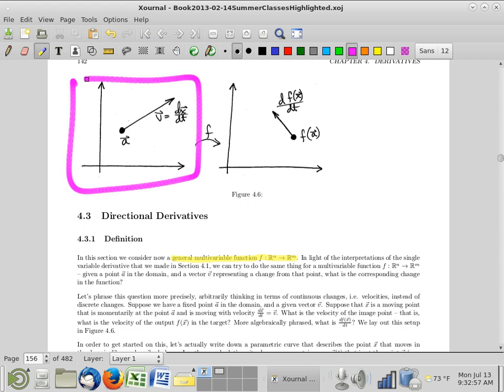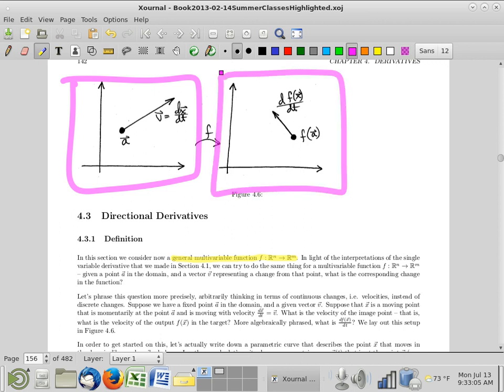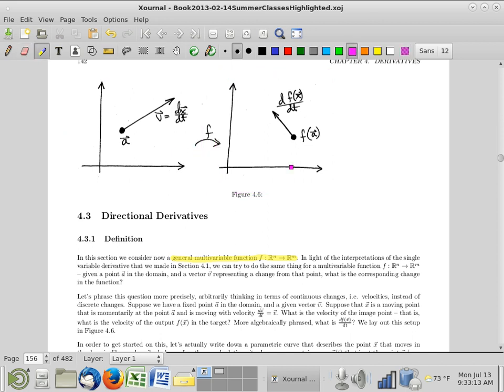You'll notice there is a multivariable domain here, two-dimensional as I have it drawn, could be higher, doesn't matter, and a multivariable target. This relationship between input changes and output changes fits fine with the multivariable picture. In particular, if I'm at this point in the domain and there's a corresponding output point there, I could talk about what would happen if this input point started moving with some velocity.